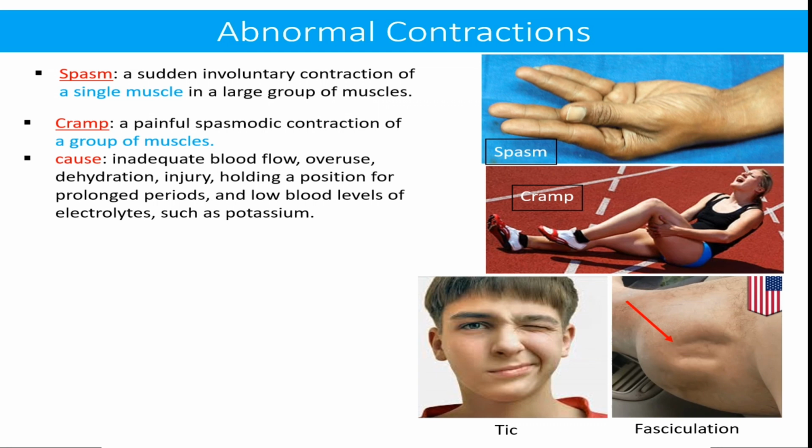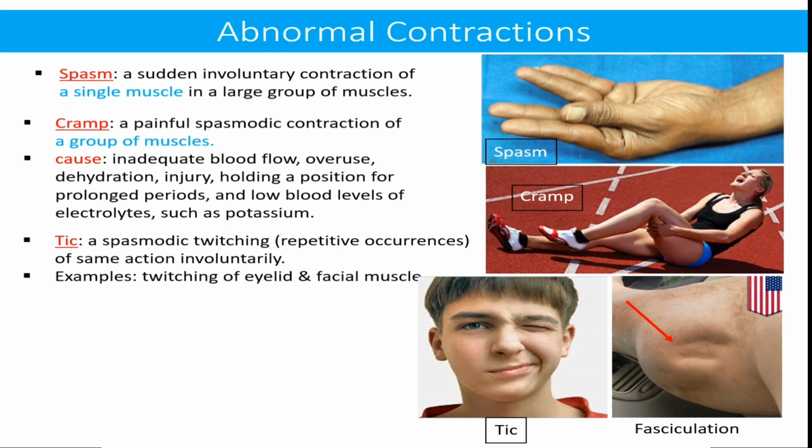It is a painful spasmodic contraction of a group of muscles which could be due to inadequate blood flow, overusage, dehydration, injury, or prolonged use, and low blood levels of electrolytes such as potassium.